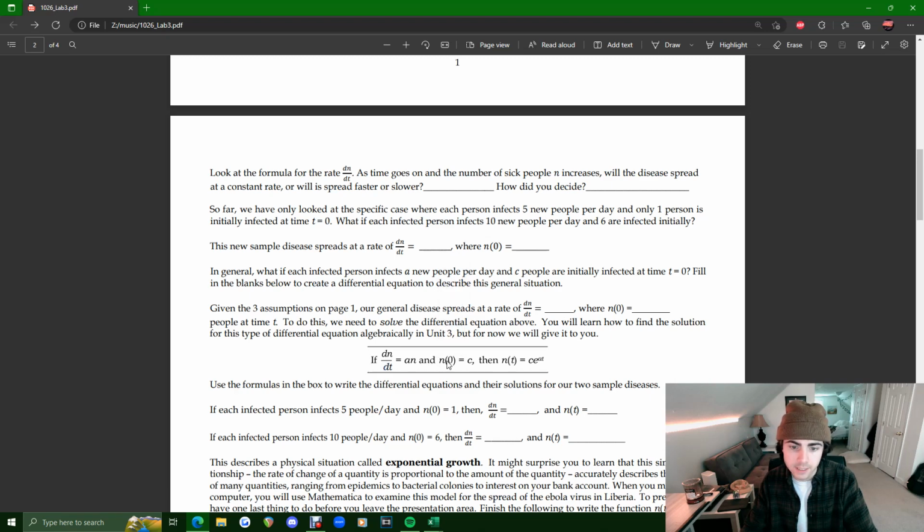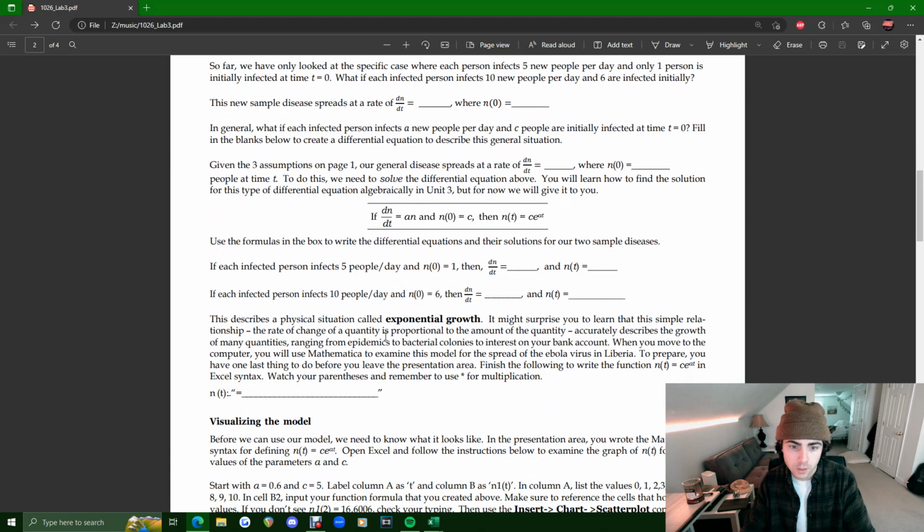With a differential equation, dN over dt, and this initial condition, we can solve and get an exponential growth equation, which is used to model situations like this.